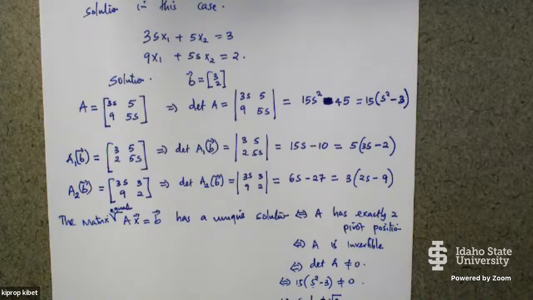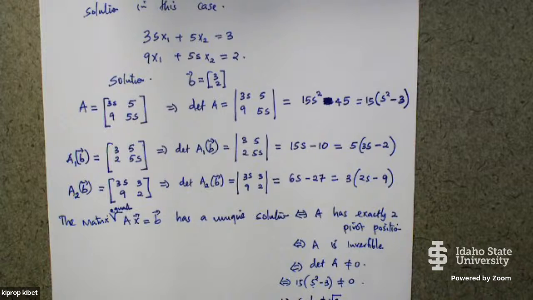Because if you put plus the square root of 3 here, then s squared will be 3, and 3 minus 3 will give us 0. If you put minus the square root of 3, then the square will also be 3, and 3 minus 3 will be equal to 0, which is not allowed for a determinant.